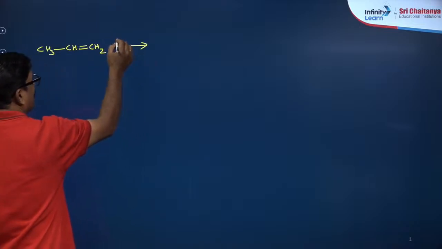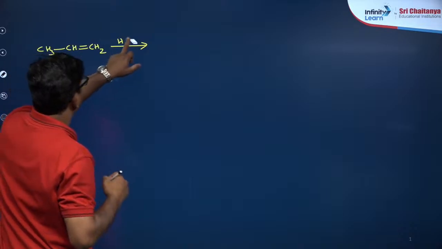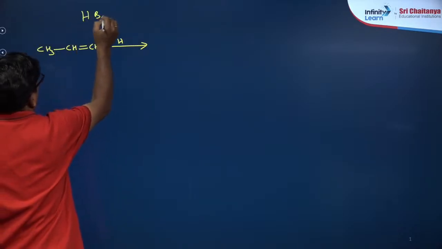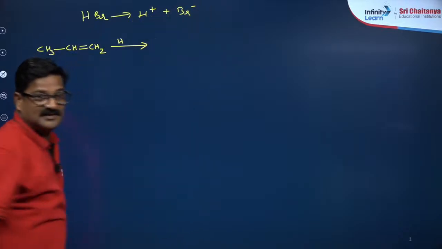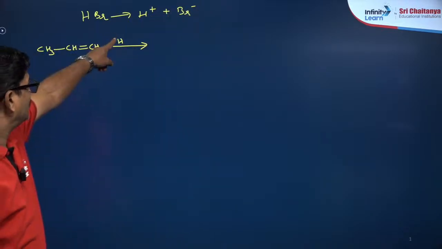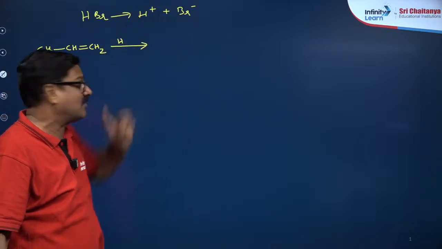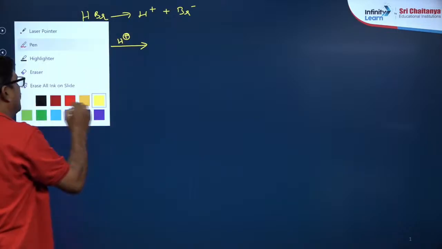If HBr is added, HBr gives H plus and Br minus. The electrophile is H plus and the nucleophile is Br minus. The electrophile H plus can be added.